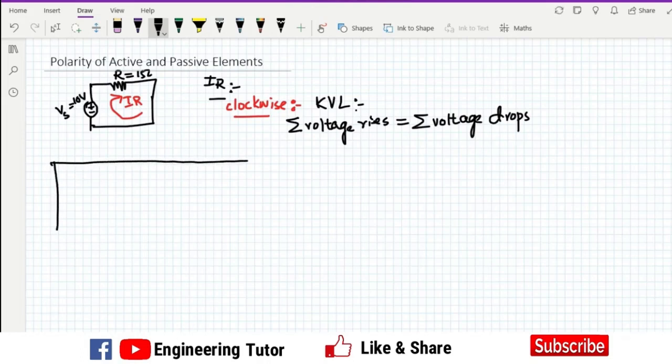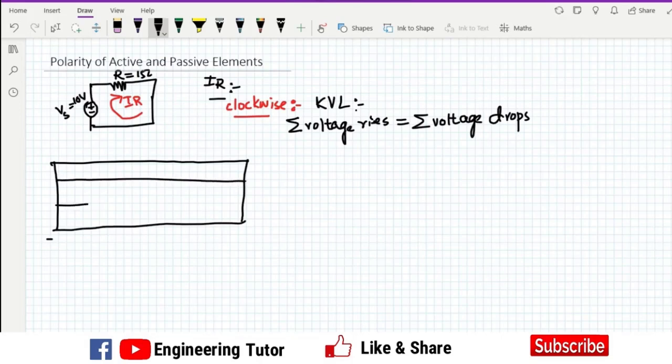Let me draw a table here. This is a very simple table. Okay, so this is the table. Let me call this column rise, and this is the voltage drop.